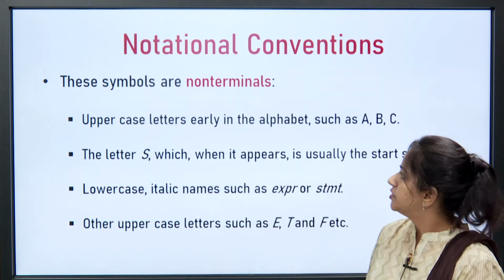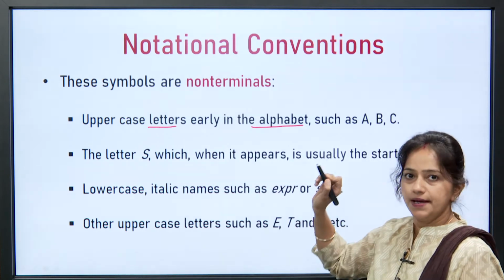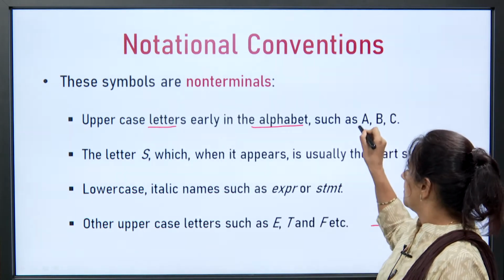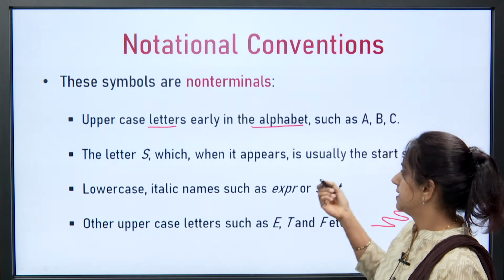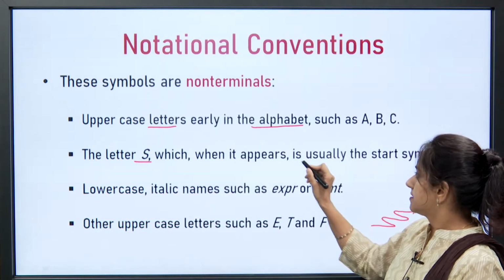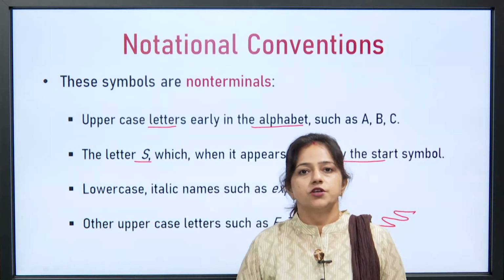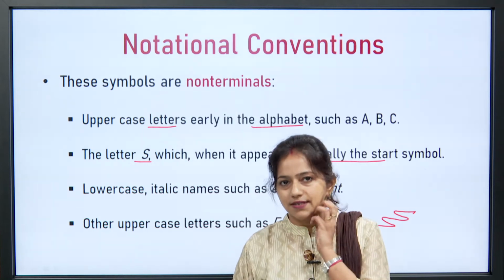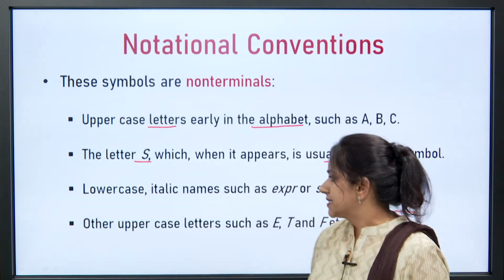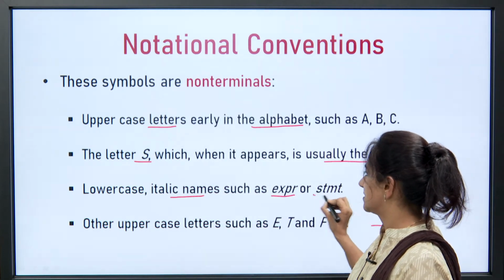Now, next is non-terminals. Uppercase letters early in the alphabet like A, B, C can be used as non-terminals. Now, the letter S, when it appears, is usually the start symbol of the grammar. So, usually capital S is used as the start symbol of the grammar. Next are lowercase italic names such as expression, statement.